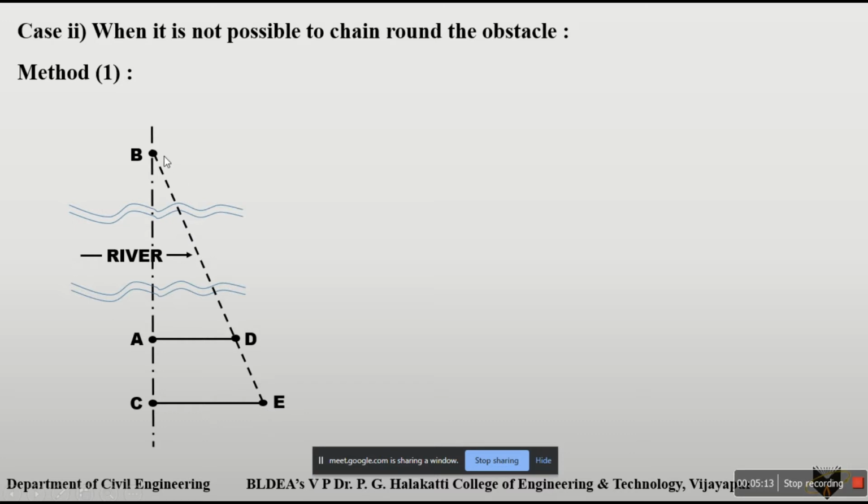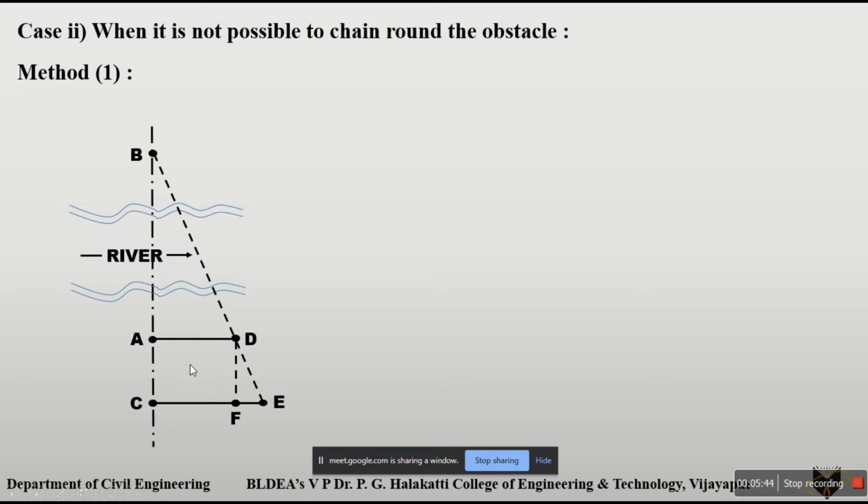Then draw one imaginary line like this. Later, draw one more perpendicular line at the point D; this line will be parallel to the line AC. Then measure the distances AD, AC and CE.